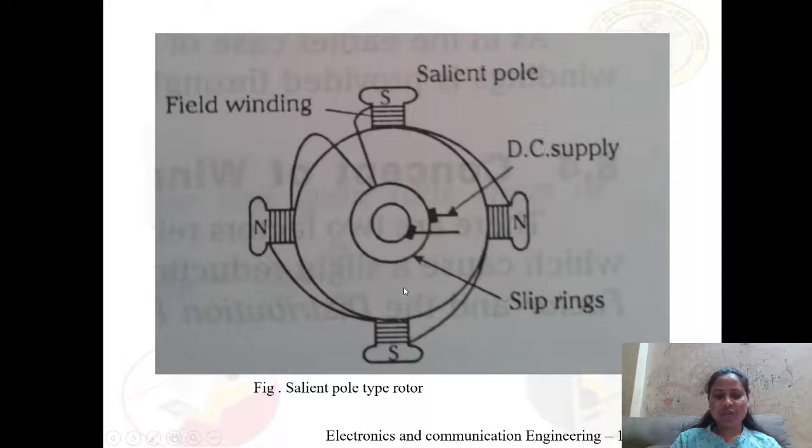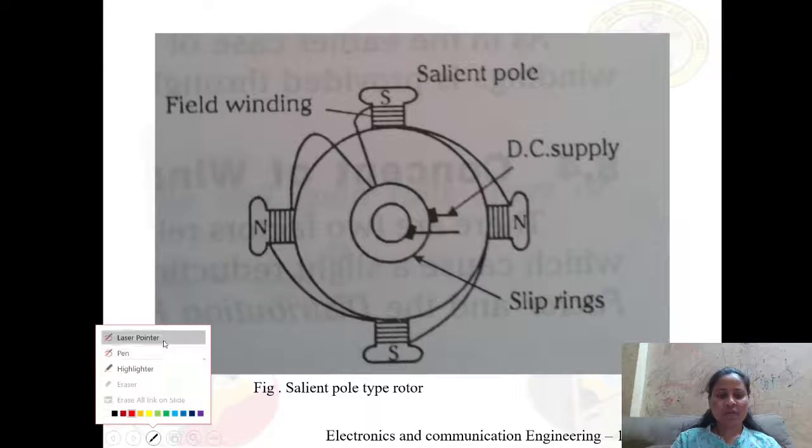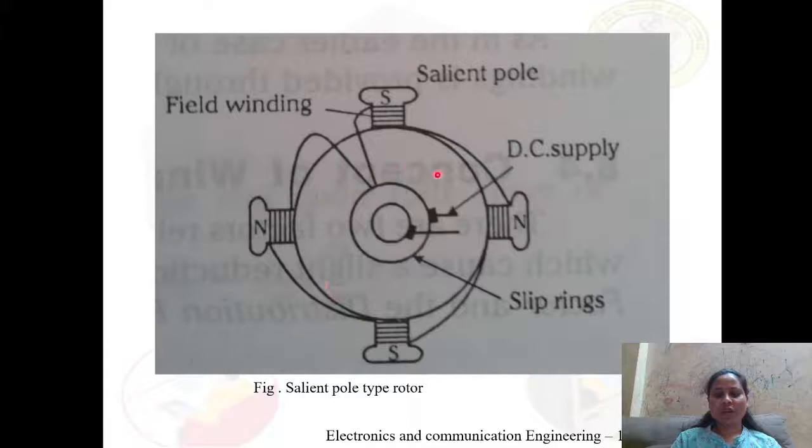This is what the structure of the salient pole type rotor looks like. Here we can observe the poles are projected out, therefore we have given the name projected pole type rotor.